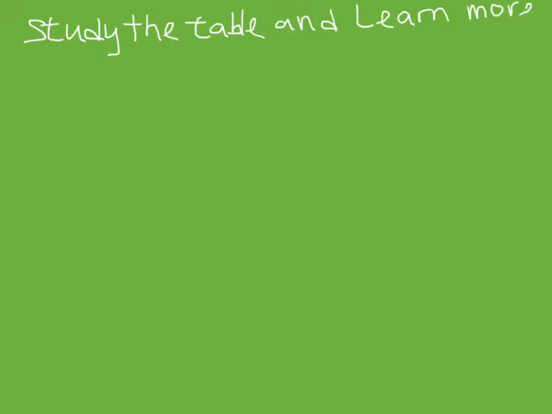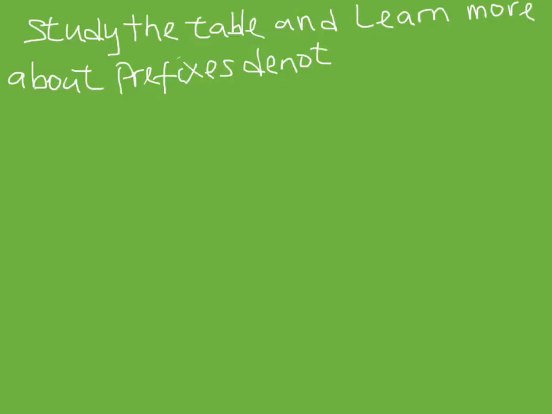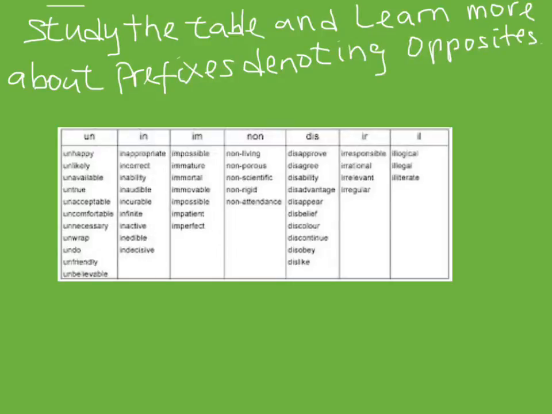Study the table below and learn more about prefixes denoting opposites. We have the prefixes un, in, im, non, dis, ir, and il. So here we have different words which carry each of these prefixes.